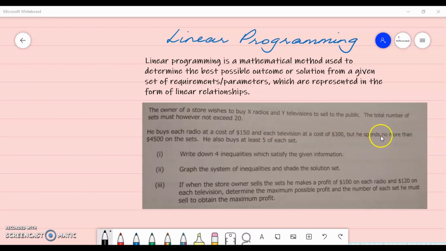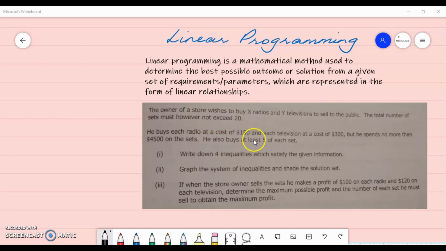But he spends no more than $4,500. So when you put the total cost of the radios and the televisions together, he cannot spend more than $4,500. So it means that he can either spend $4,500 or less.